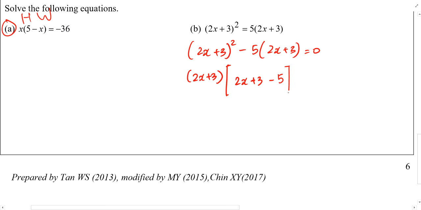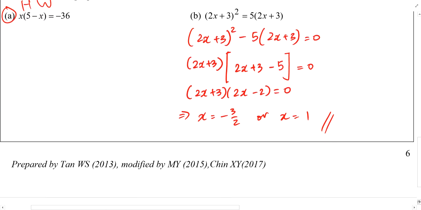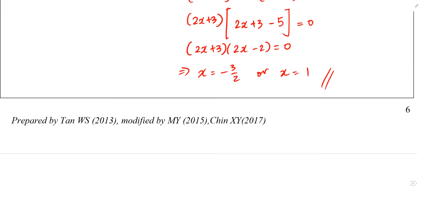Minus 5 equals to 0. So here it is simplified to become (2x plus 3)(2x minus 2) equals to 0, x equals to -3 over 2, or x equals to 1. So far you have 2 homework questions.